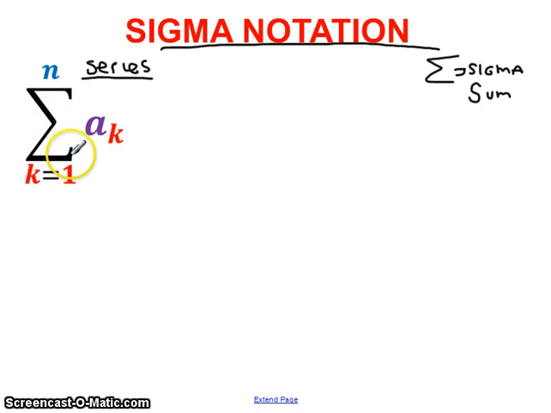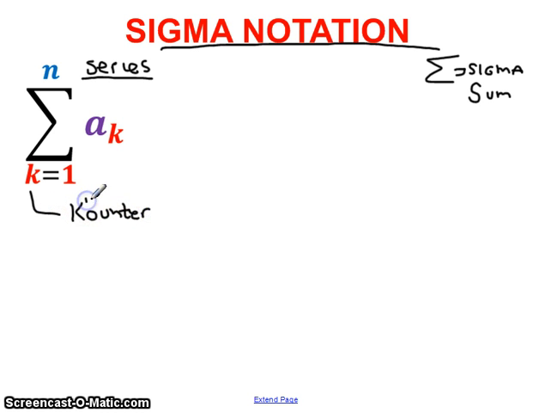The symbol itself means we're going to be adding up a sequence term by term. Each term of the sequence is given here. For right now, this is just telling us that we have a particular number, and it's the kth number of the sequence. K, I like to think of as a counter, and I'm using a misspelling on purpose.